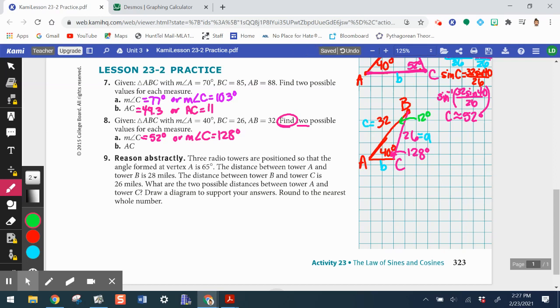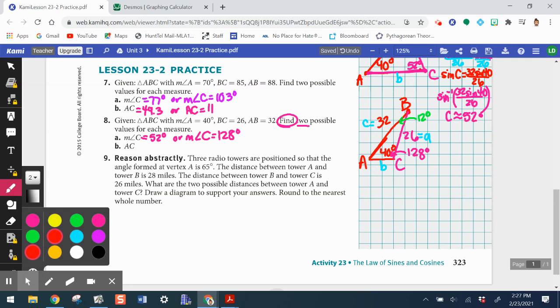So now we have two possibilities for angle B, just like we have two possibilities for angle C. And now we're going to find the side opposite of angle B, which is AC, which we've labeled lowercase b.